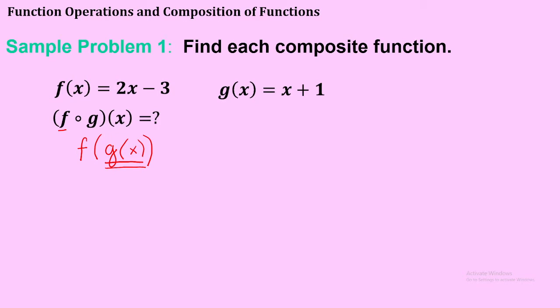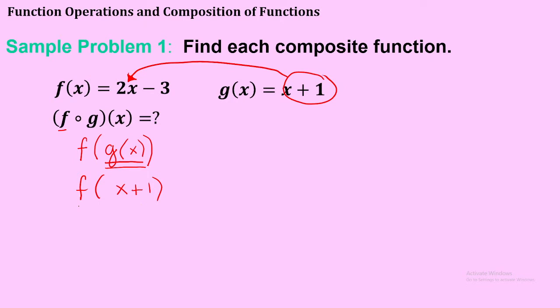So take note, since g of x is inside the parenthesis, this x plus 1, I will substitute it into the x in f of x. Again, since my g of x is x plus 1, I am substituting g of x.